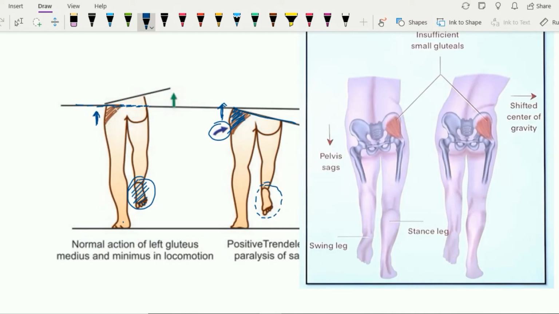After some time, the patient finds that when he or she bends the spine to the affected side, it maintains the horizontal position of the pelvis, and that's why the patient has a lurching gait. Patients have a sagging of the pelvis to the opposite side in the case of affection of the gluteal muscles, gluteus medius and minimus, along with the tensor fasciae lata especially. And this sign is called the Trendelenburg sign.